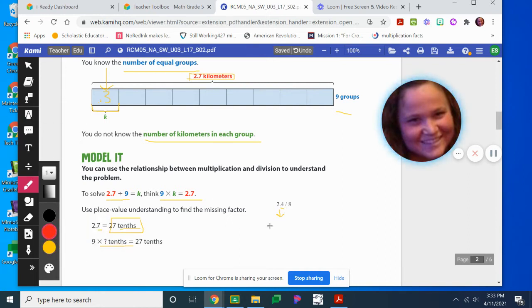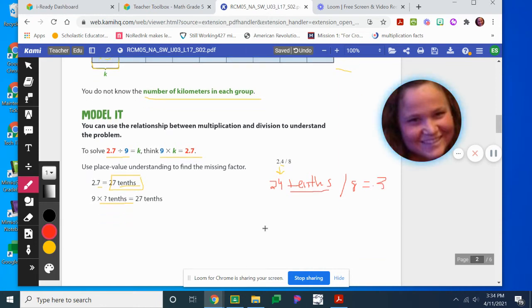So I'm going to rewrite that as 24/10 divided by 8. So what do you guys know about 24 divided by 8? 8 goes into 24 3 times, but we're working in tenths. So my answer again is 3/10.